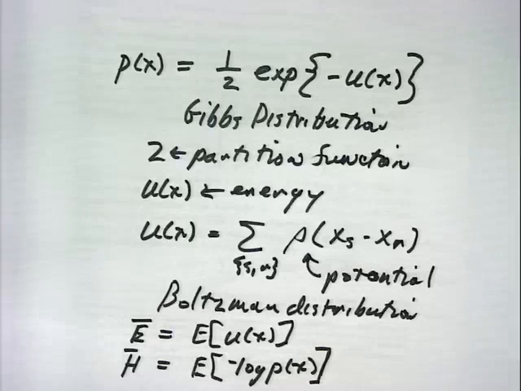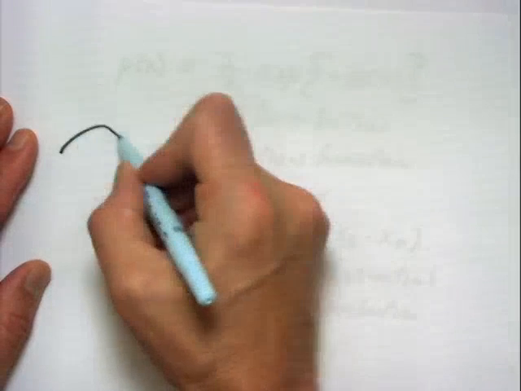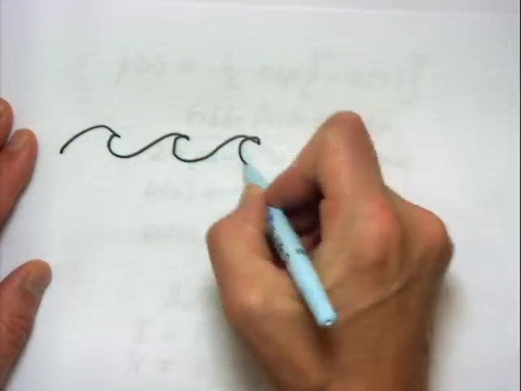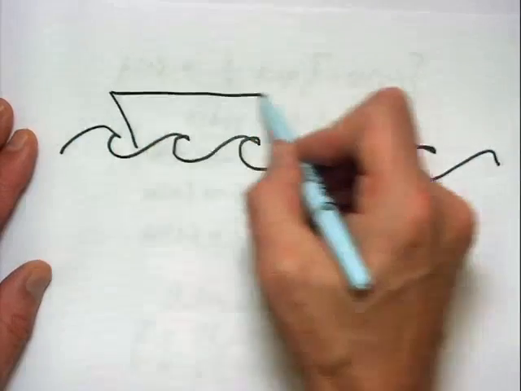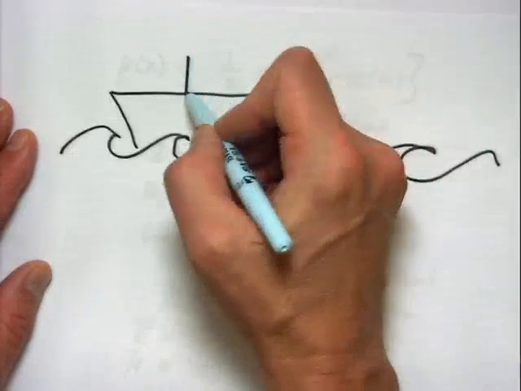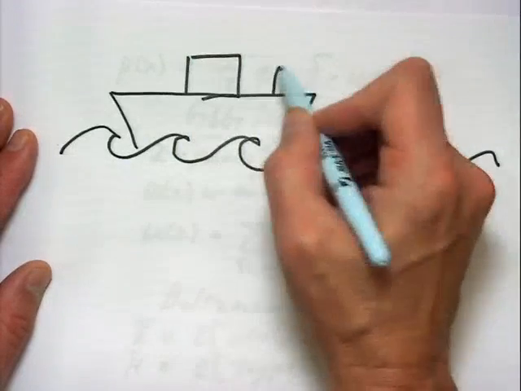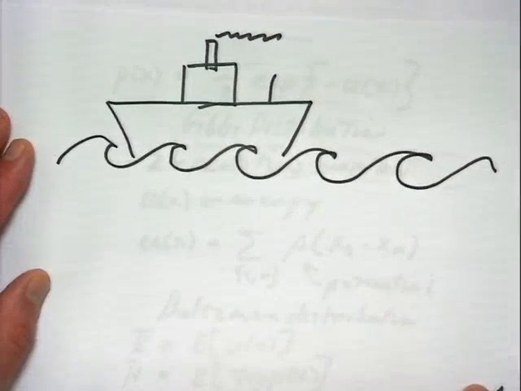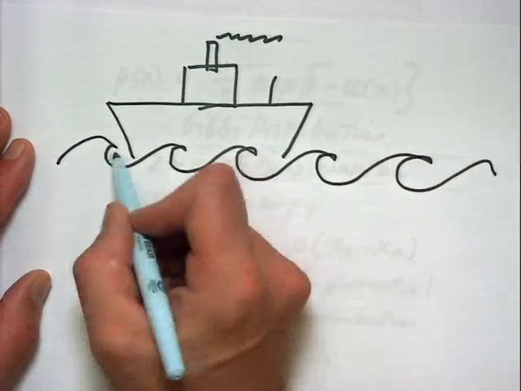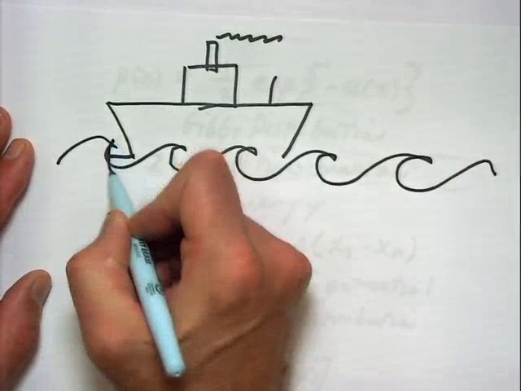In a physical system in equilibrium, it's kind of interesting. For those of you who have never taken a thermodynamics course, why is it that if you have a ship going down the ocean, with a little smokestack here, the ship can't just have a little propeller here?